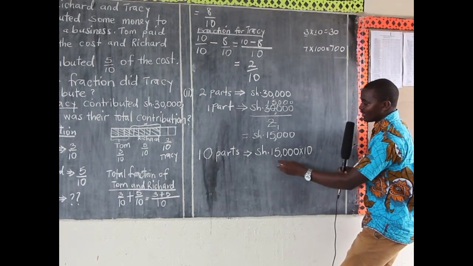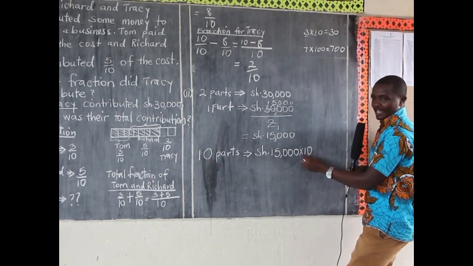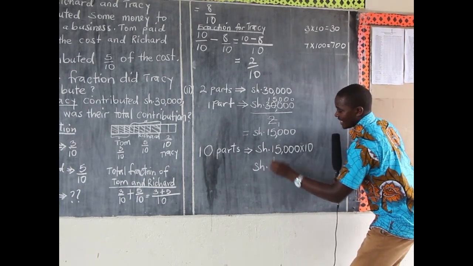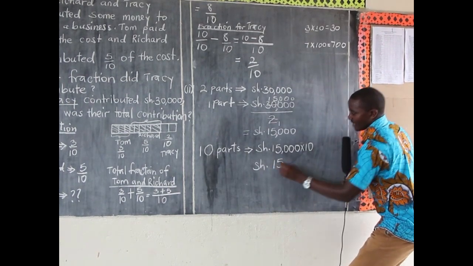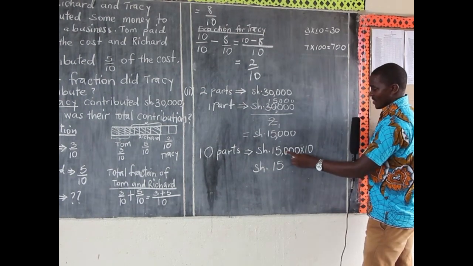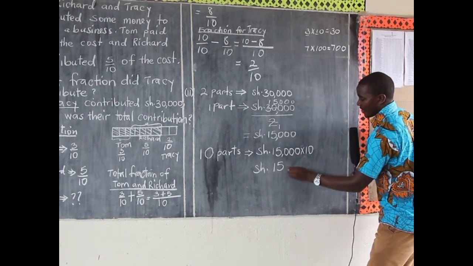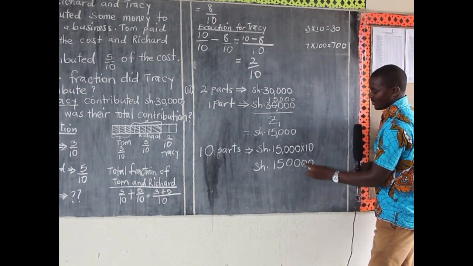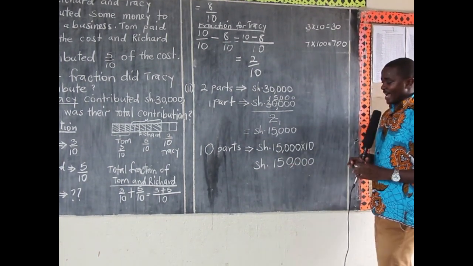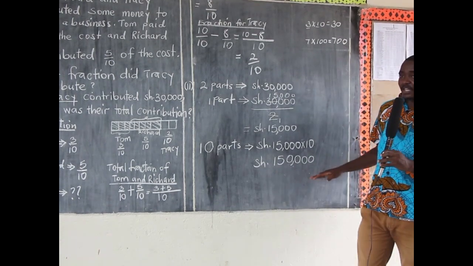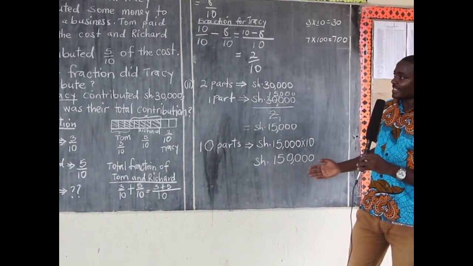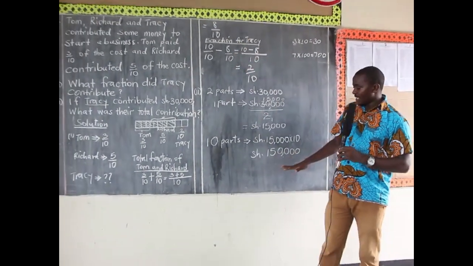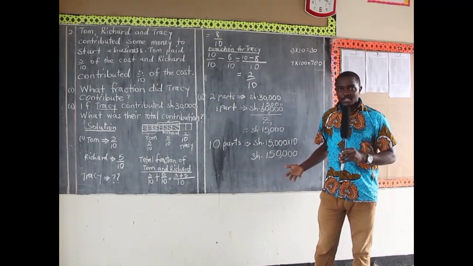So the same applies to this. 15 times 10, we get 15 times 1, and we get the answer as 15. Then we count the zeros. So you put a comma there, and you'll get 150,000 shillings. That means that their total contribution, Tom, Richard, and Tracy, is 150,000 shillings.